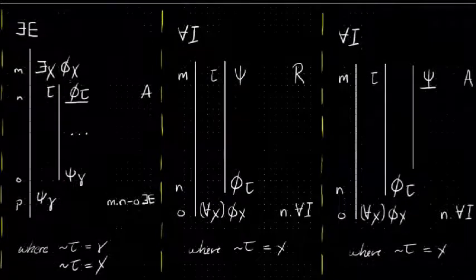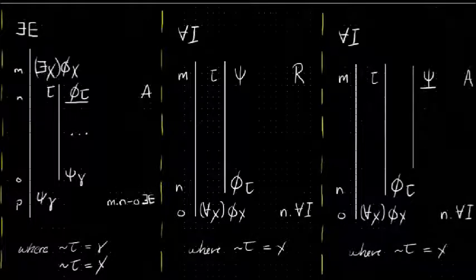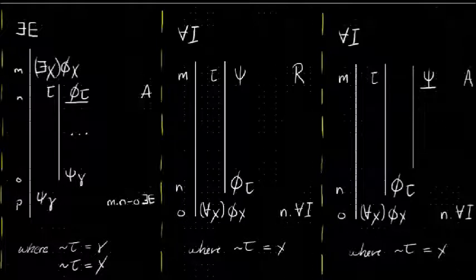So existential elimination: if we have some existentially quantified formula, E chi, phi chi, we introduce a parameter bar, here the parameter is tau, and we remove the existential quantifier and change out all of the variables for that parameter. So we go from E chi, phi chi to just phi tau.